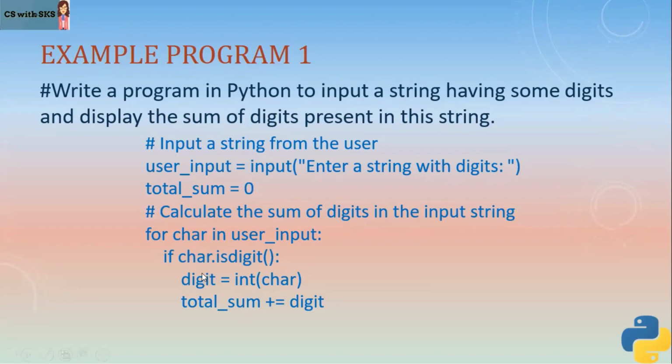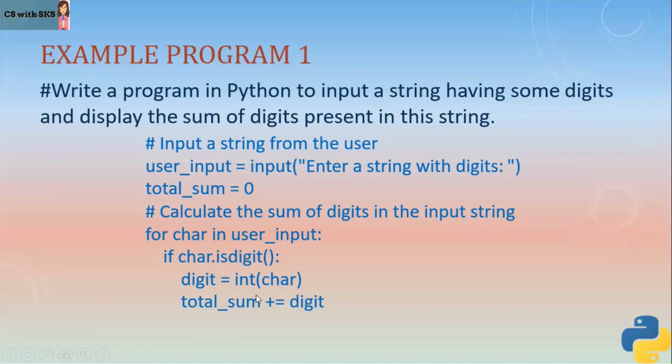So if char is a digit, then if it is true, it will enter the if statement and convert it into an integer. As it is a character, as it is a string, we have to convert it into int, right? So here type conversion happens, using int we are converting into an integer, and then we are using a simple totaling method: total_sum equals total_sum plus digit.